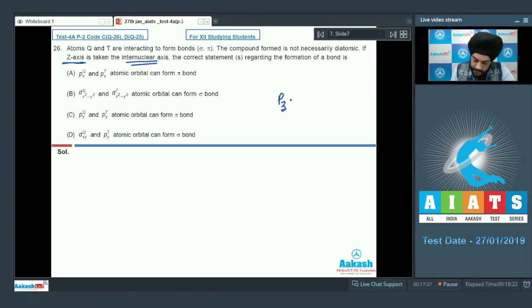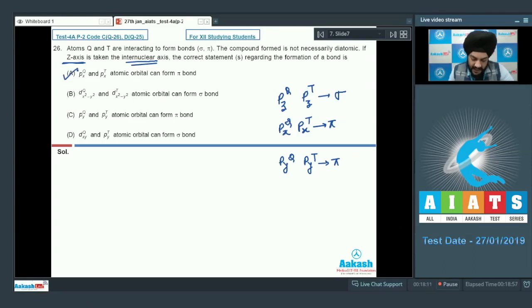So pzQ and pzT will form the sigma bond, whereas pxQ and pxT will form pi bond, and the pyQ and pyT will also form pi bond. So if you look at the options, option A is correct and option C is also correct.